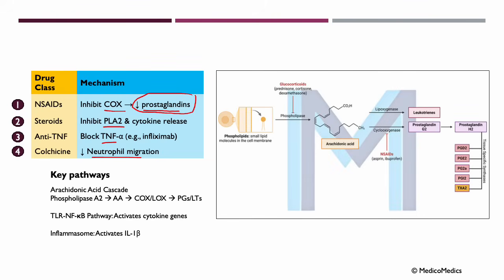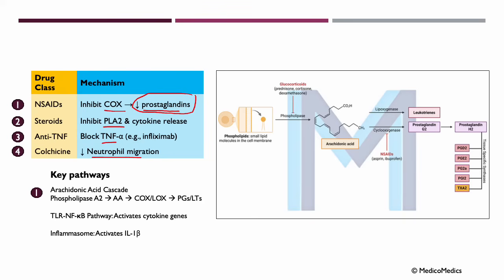Now, let's take a look at some key pathways. So beginning with the arachidonic acid cascade, or the arachidonic acid pathway. Now, it begins with phospholipase A2 liberating arachidonic acid from cell membranes.